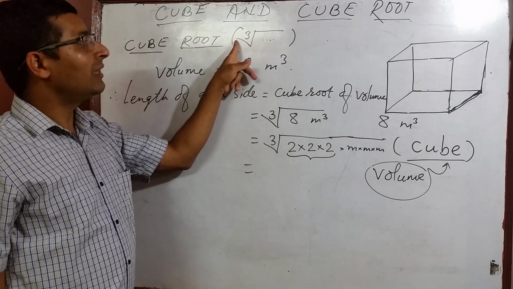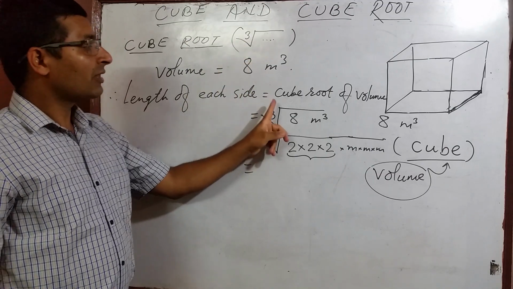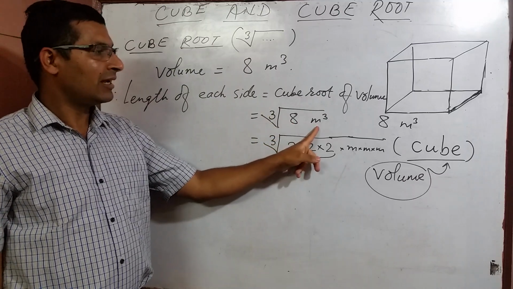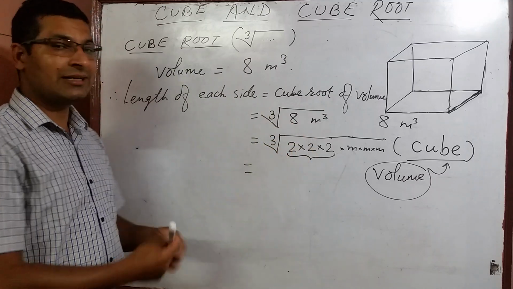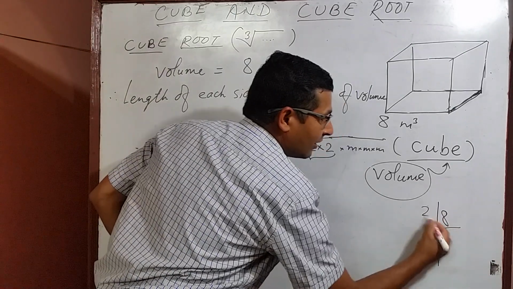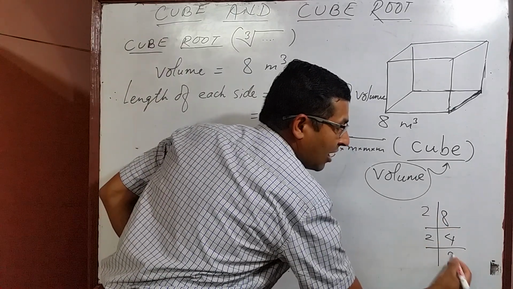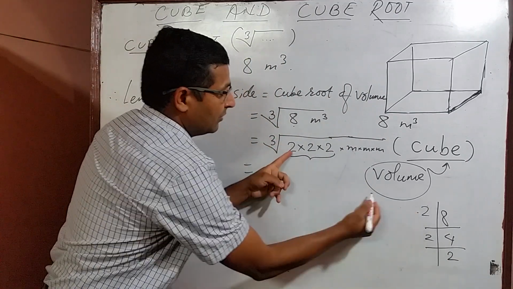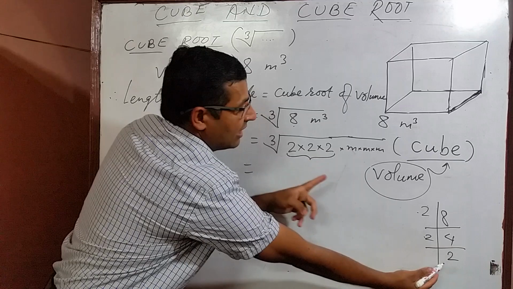And cube root of this volume 8 meter cube can be calculated like, first of all we factorize this 8 to change into the identical factors. So 2 multiply 2 multiply 2.